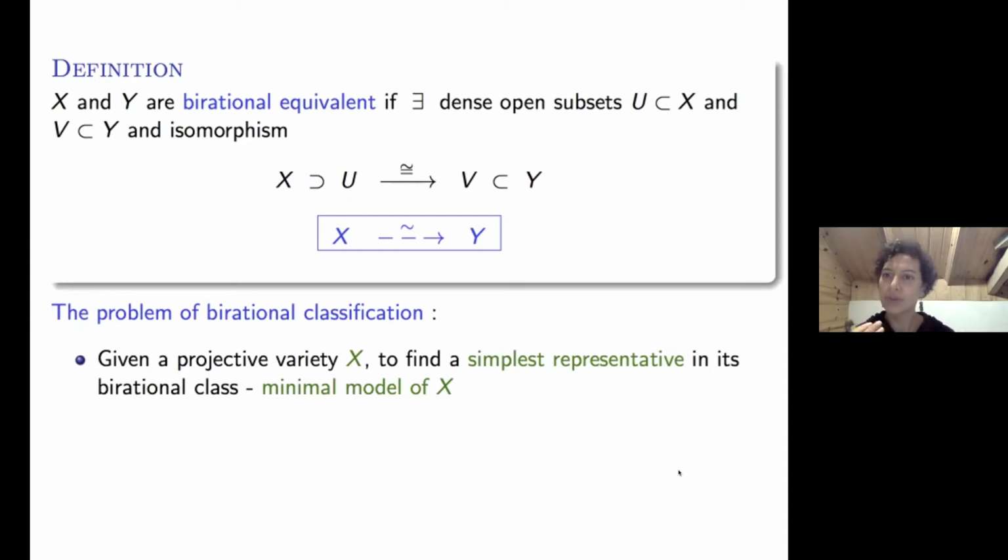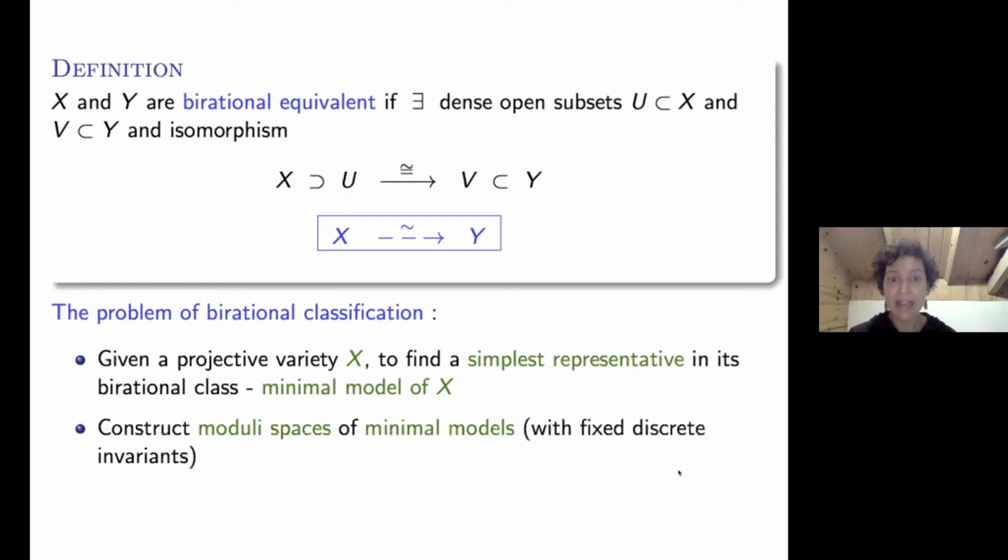So we would prefer as a simplest representative the P2 rather than its blow up. And then once we have a simplest representative, this minimal model in a given birational class, we can try to construct moduli spaces of minimal models with some fixed discrete invariants. So this is the general classification problem in birational geometry.